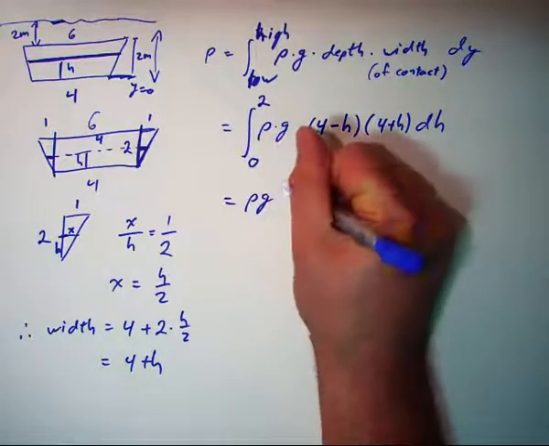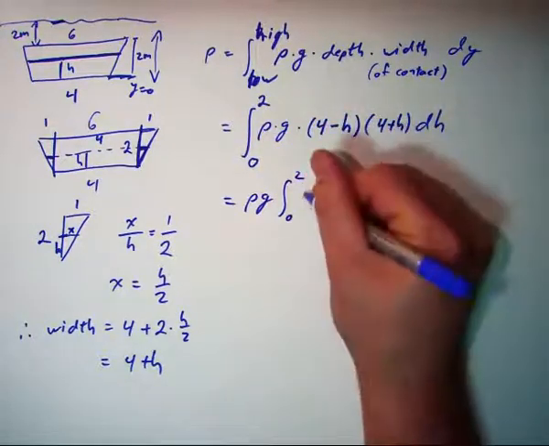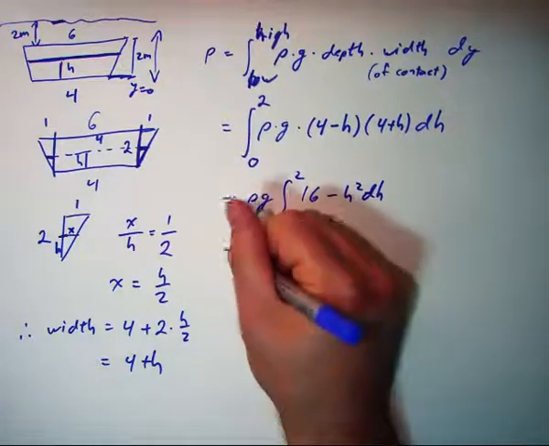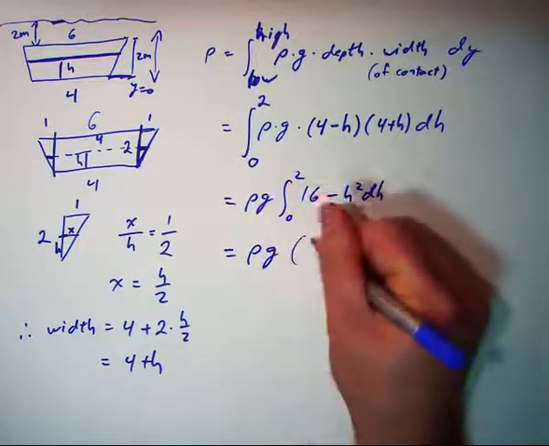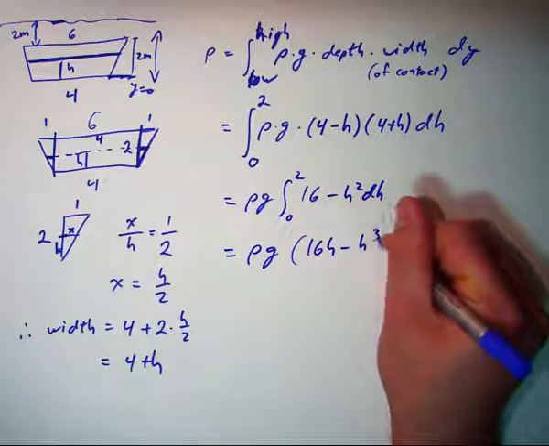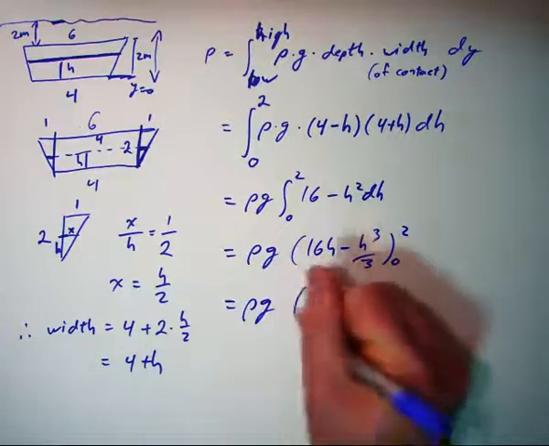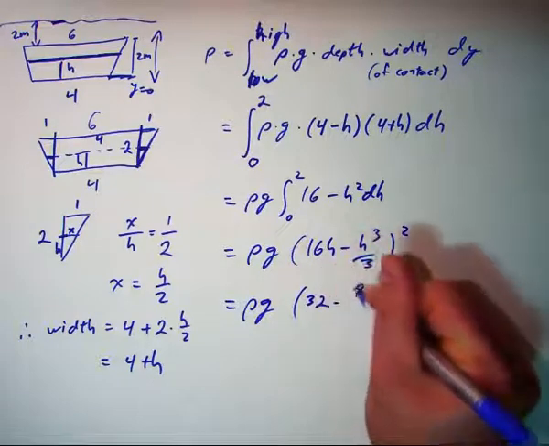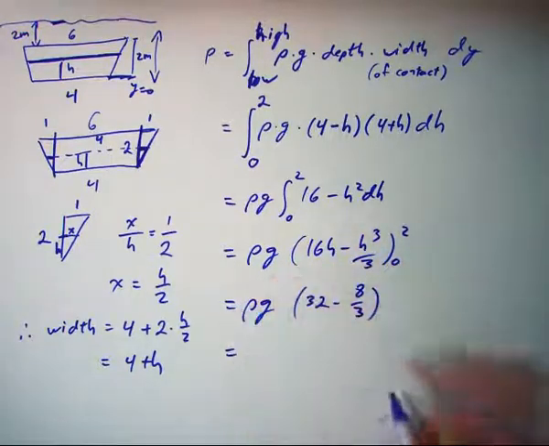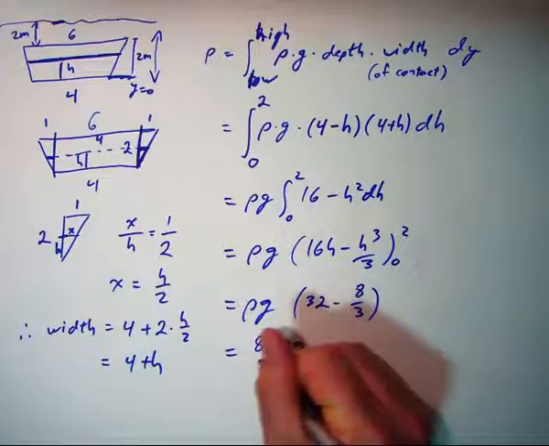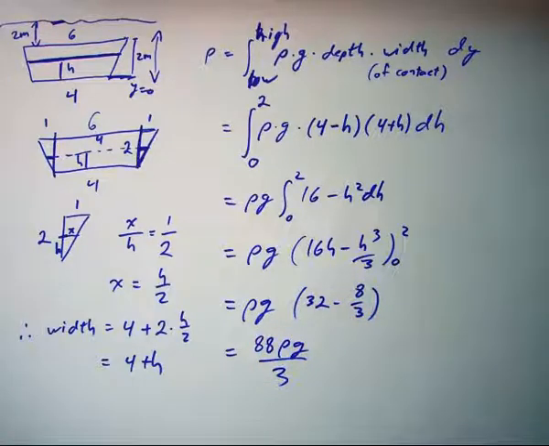And so this is rho times g, integral from 0 to 2 of 16 minus h squared dh, is rho times g, 16h minus h cubed over 3 from 0 to 2, is equal to whatever it is that it's equal to. 96 minus 8 is about 88, so 88 rho g over 3.